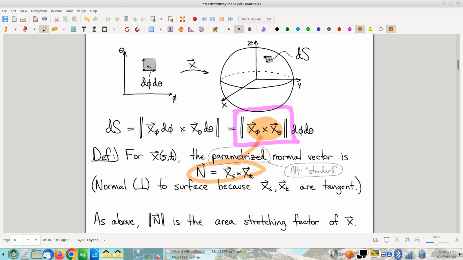And so their cross product is going to be perpendicular to that surface. So that cross product is going to be something like this maybe. So normal vector, because it's perpendicular like so. Parametrized normal vector, because you'll notice it comes out of the parameterization, right? So it is a result.